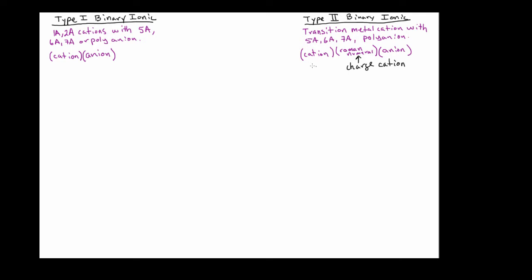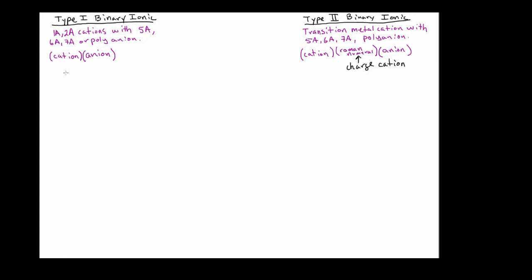So the whole name will involve the name of the cation, which is the name of the neutral element, followed by a Roman numeral that tells us what charge is on that cation, and then the name of the respective anion, whatever that happens to be. So let's go ahead and begin, and I'm going to start by taking us through some type 1 examples.